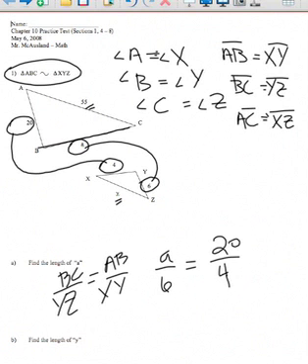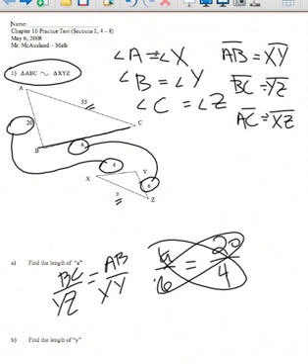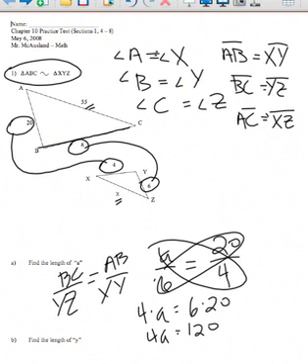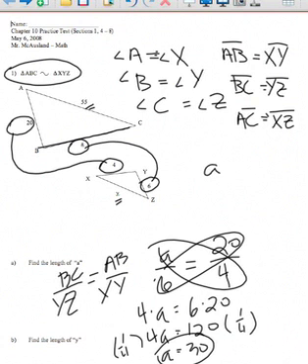So seeing this, we would cross product, and that's going to be 4 times A equals 6 times 20. 4A equals 120, multiplied by 1/4, and we're left with A equals 30. So the side A equals 30. And that's how you would do problem A.